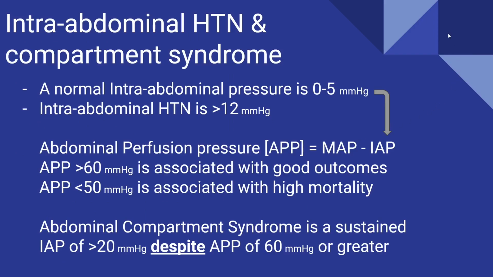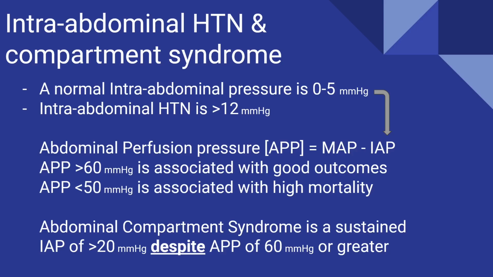All right, and now we'll talk about intra-abdominal hypertension and how to treat compartment syndrome. The things we have to know are the normals: normal intra-abdominal pressure is between 0 and 5. And a high intra-abdominal pressure, known as intra-abdominal hypertension, is anything greater than 12 millimeters of mercury.